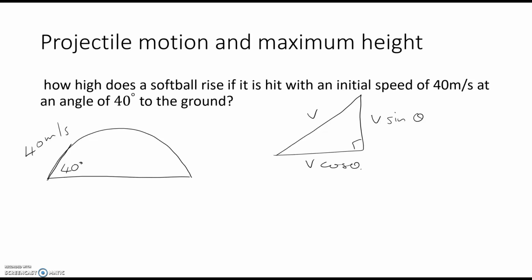So the initial vertical speed is v sine 40, which is 40 times sine of 40, because that's 40 degrees in there. And we can use calculators to work that that is 25.7 meters per second.